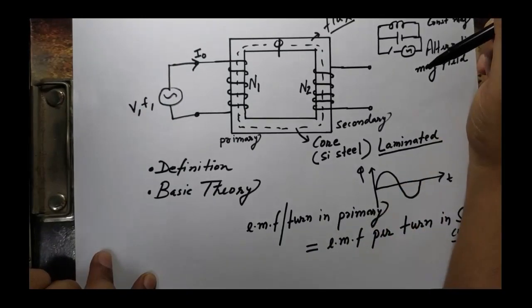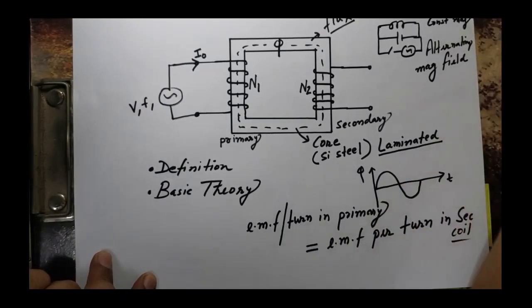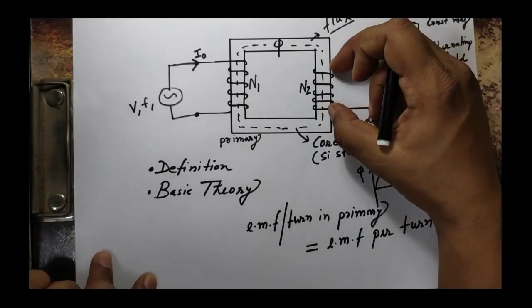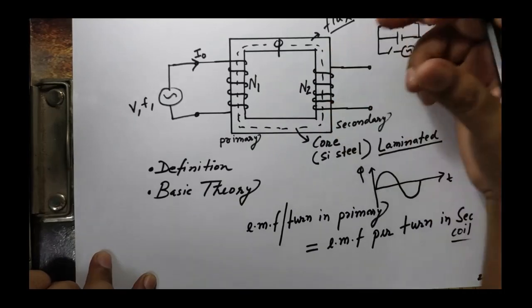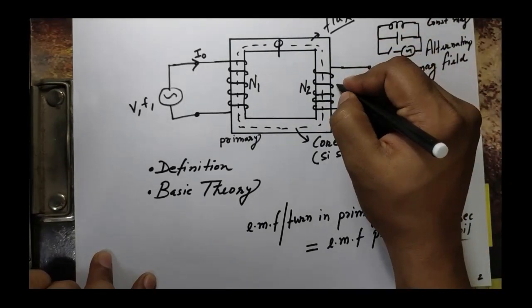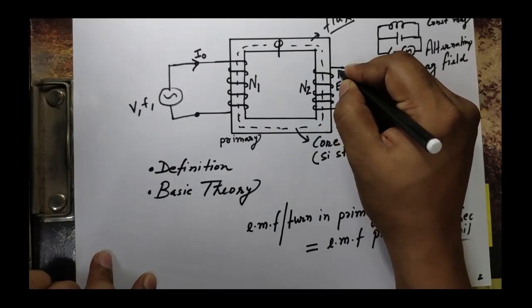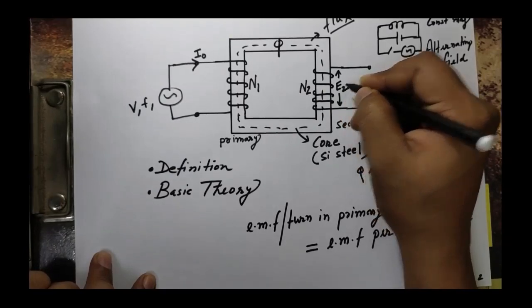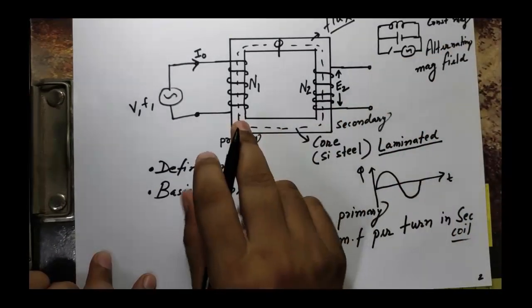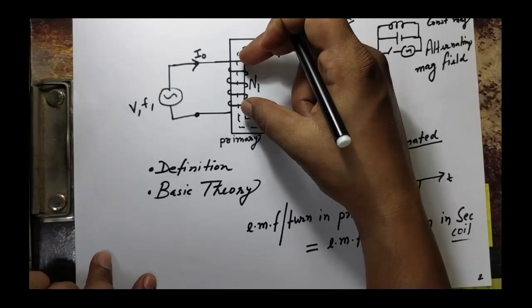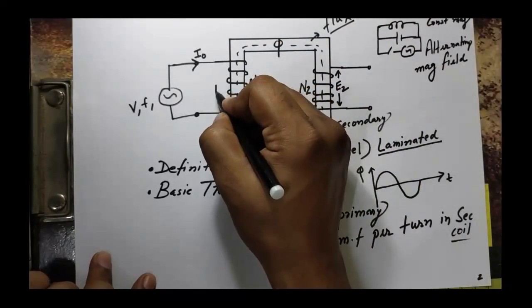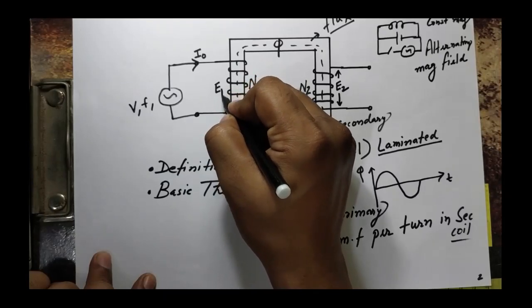Now see, based on the number of turns there will be a total voltage induced. Let us say the total voltage induced in the secondary is E2. Similarly, the entire total voltage induced in the primary is, let us say, E1.